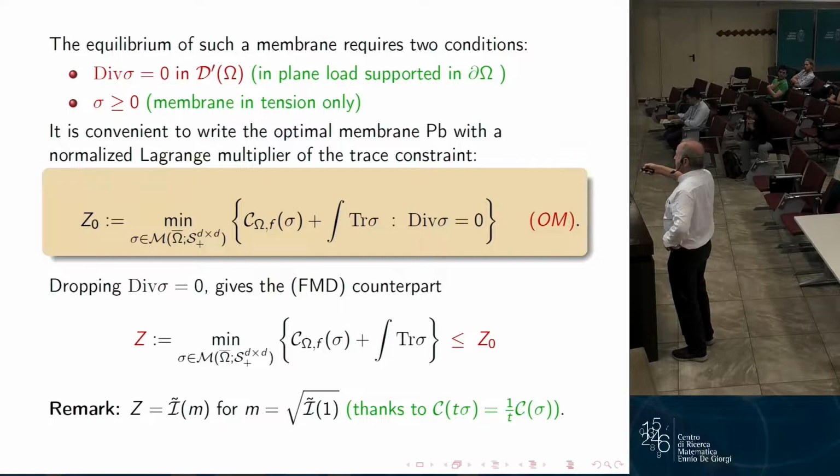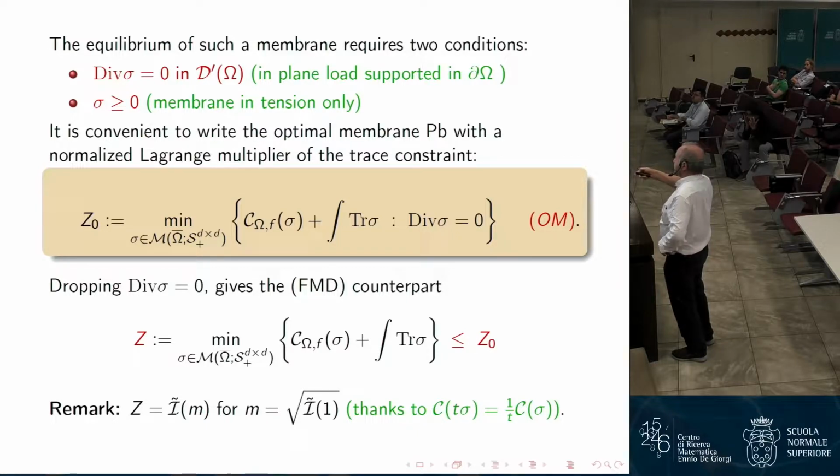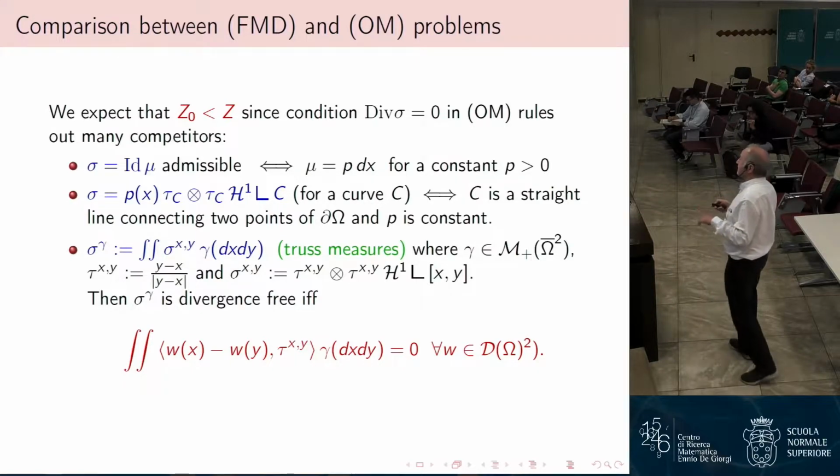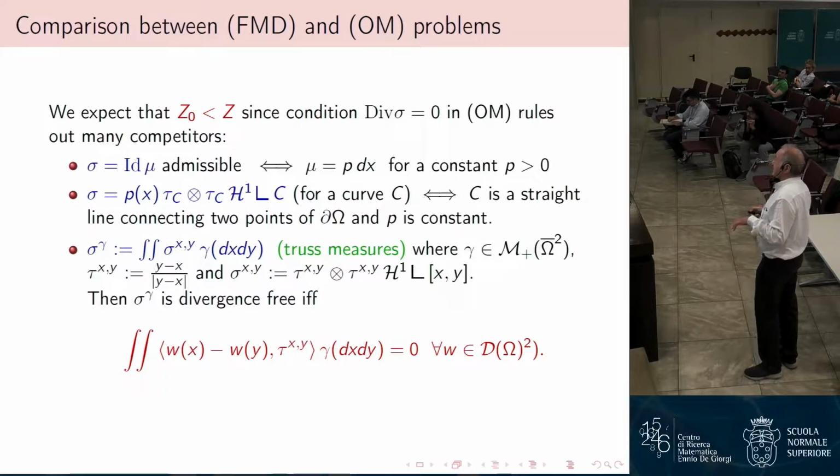This is the infimum without the divergence-free constraint, I call it Z. While the pre-stress membrane Z naught corresponds to the same problem where you add the divergence-free constraint. Of course, there is an inequality.